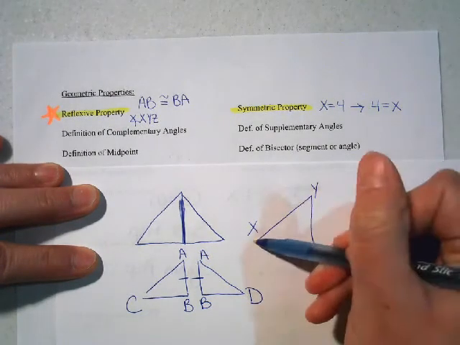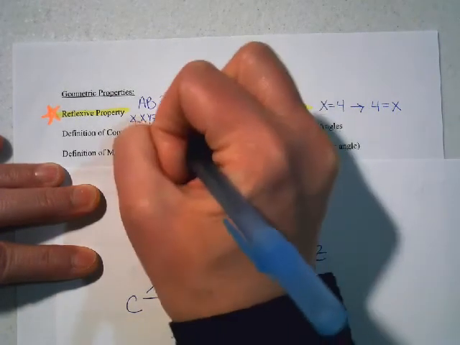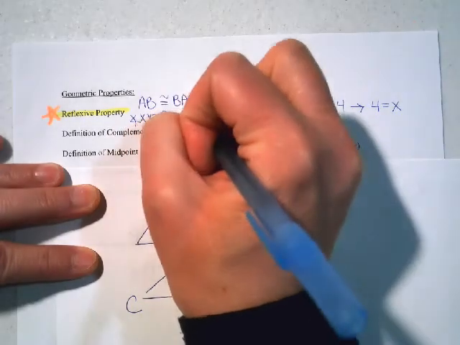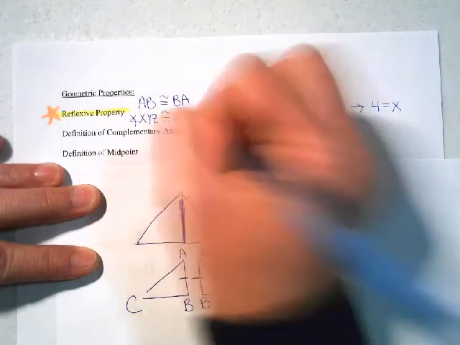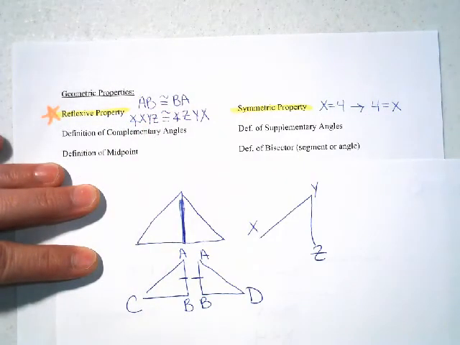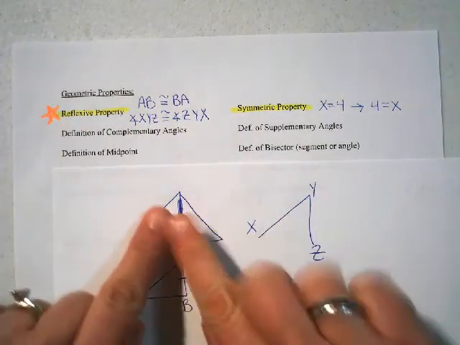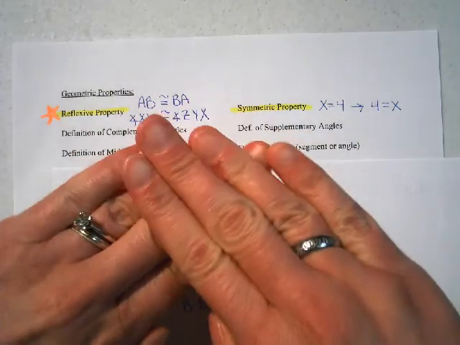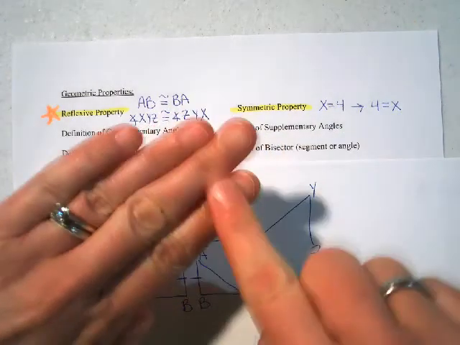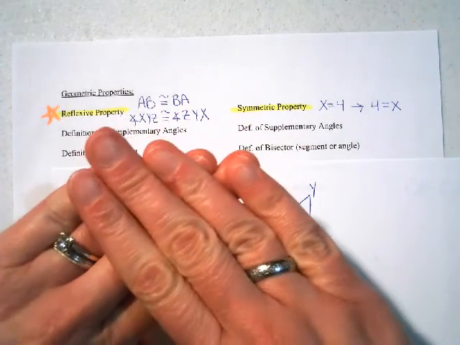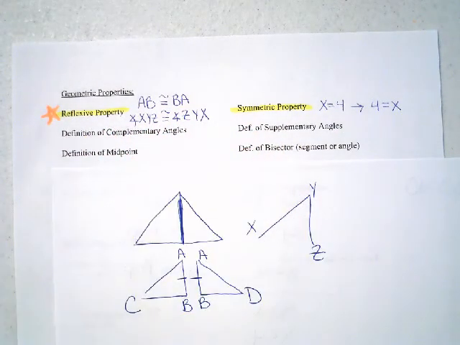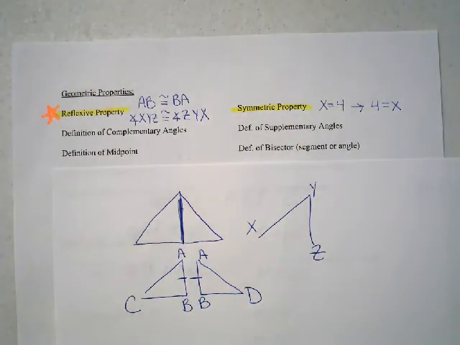If you have angle XYZ, couldn't you reverse the letters? Couldn't you have ZYX and it be the same? Okay, so sometimes what you'll also have is you'll have triangles like this that overlap each other. And so they'll share an angle in one position.